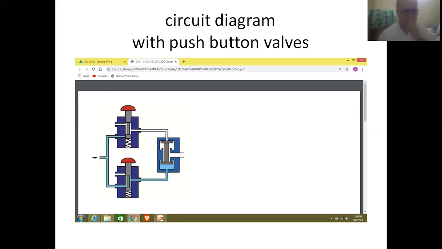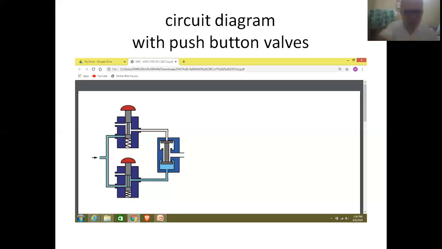So we can see the arrangement of push button valves, and just like the previous diagram, these valves are connected to this double acting cylinder.